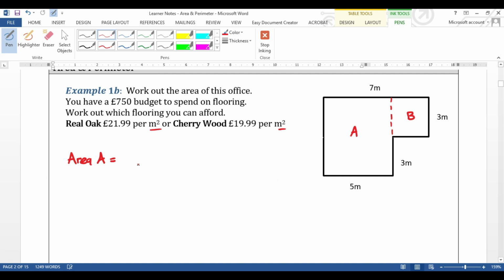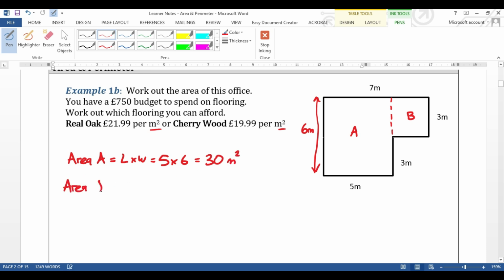So area A, that's length times width. That's going to be 5 along the bottom, and we're going to need this one here, which is 3 plus 3, which is 6 meters there. So 5 times 6 gives me 30 meters squared.